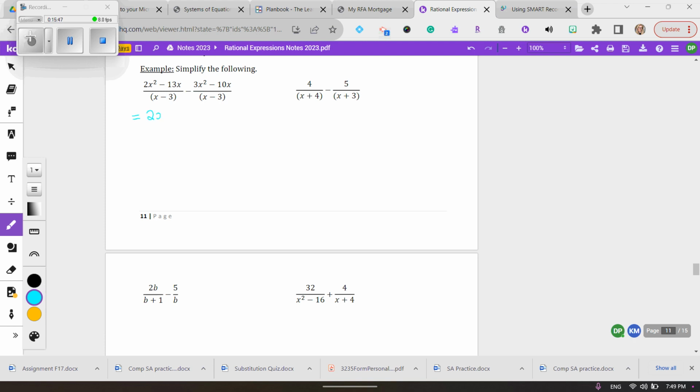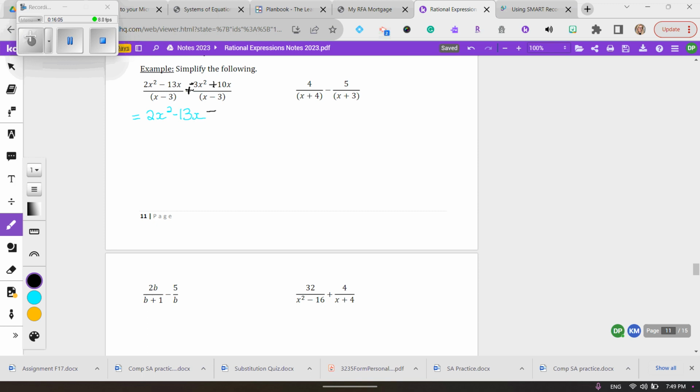So on the top, I'm going to have 2x squared minus 13x. And then, subtraction sign. So I'm going to add the opposite. I'm going to change this to positive, which change this, the first one to negative 3x, and then this one to positive 10x.